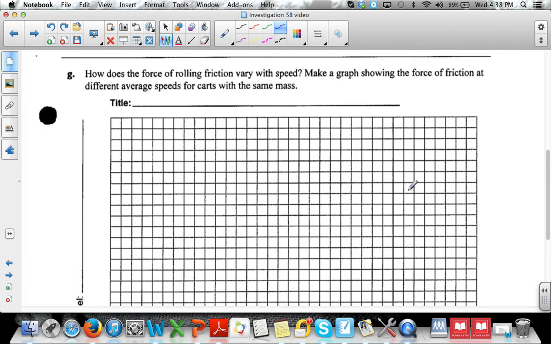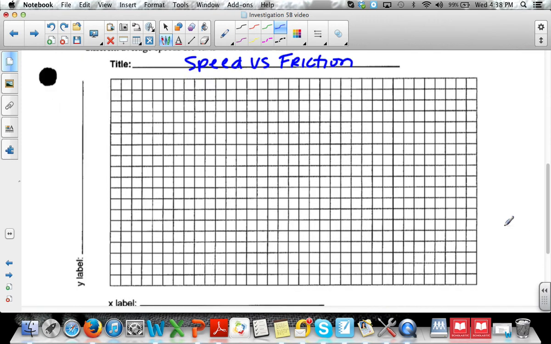Okay, so this time I'm going to put speed versus friction as my title. Friction is still going to go up the y-axis. Make sure you put that it's in newtons, and then I've got speed down here. That's always meters per second. So speed, let's see, I want to get all the way up to 1.2.